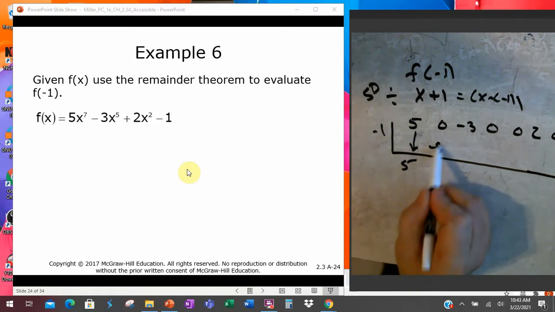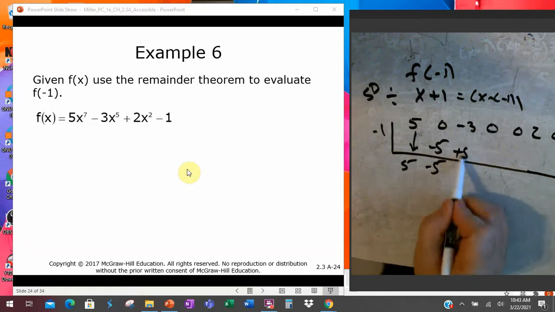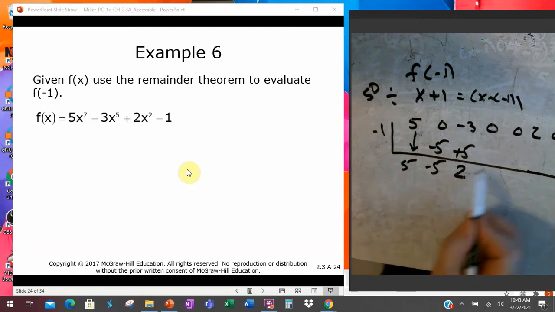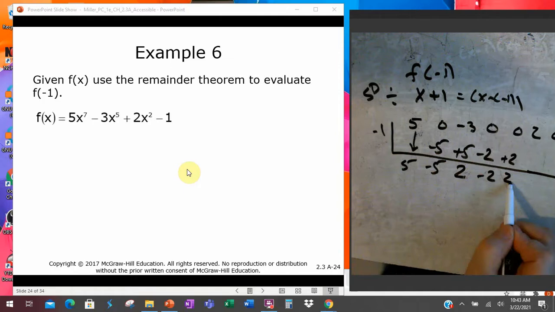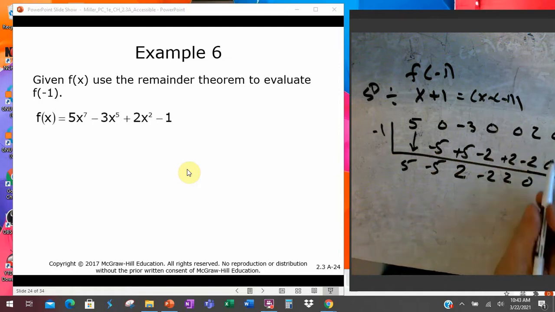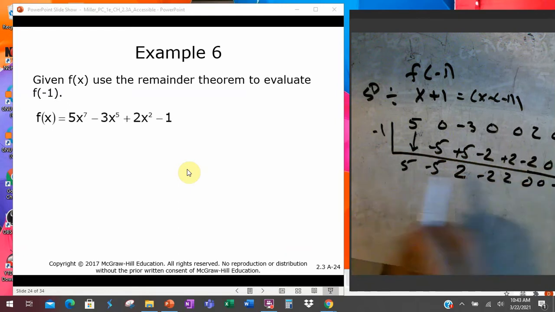5, negative 5, plus 5, 2, negative 2, plus 2, 2, negative 2, 0, 0, 0, negative 1 if I did all of these right.